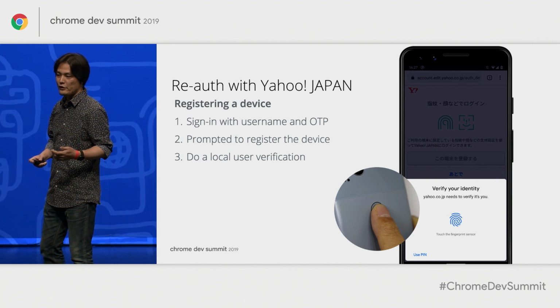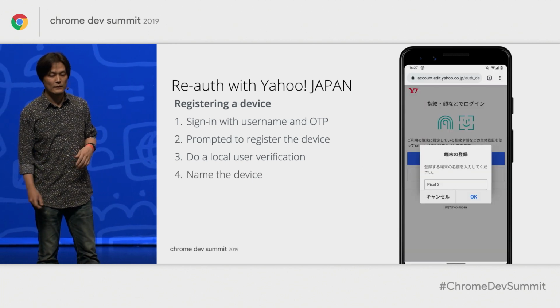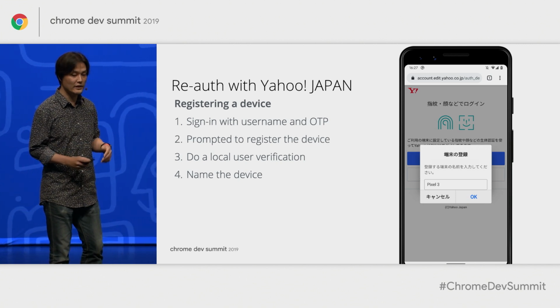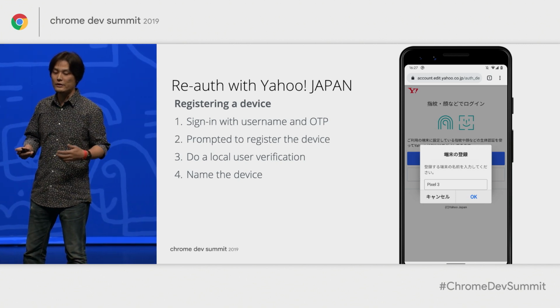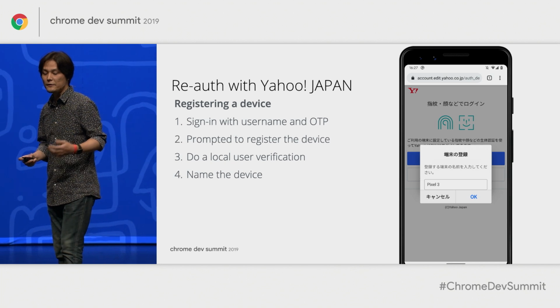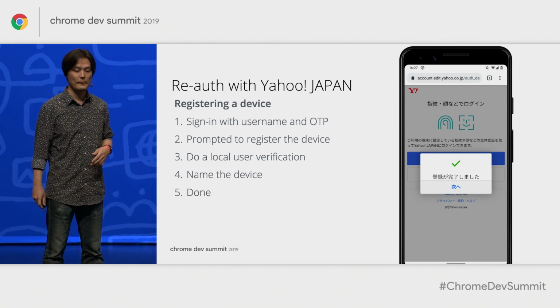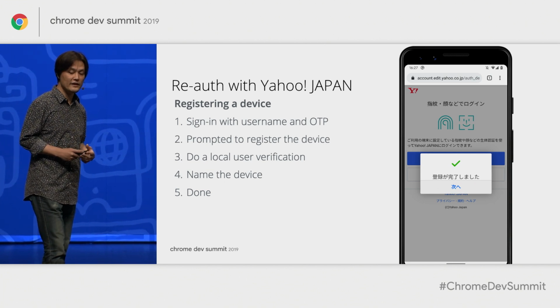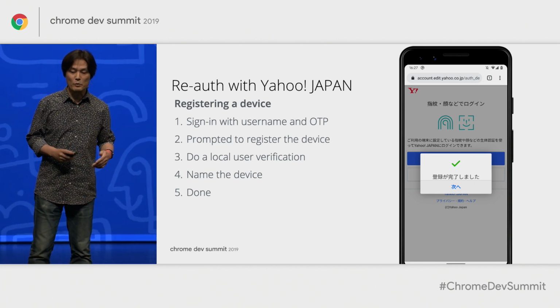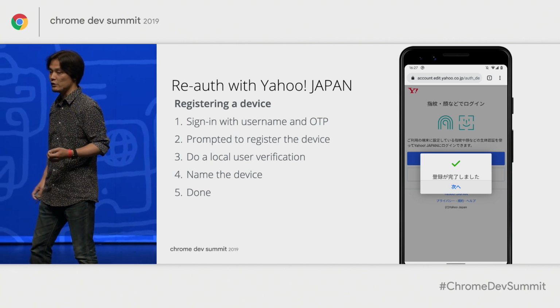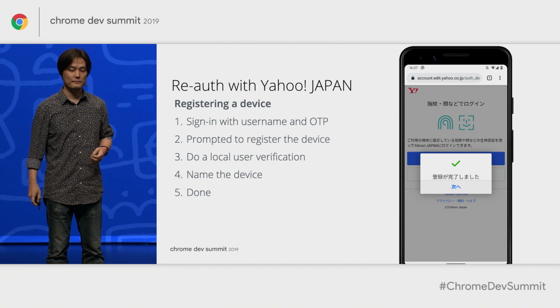Again, perform local user verification. Just like we did for the two-factor authentication with GitHub, the service asks you to name the device so that you can identify it if you need to remove it later on. And your device is registered. Moving forward, you can use this device to log in to Yahoo Japan using local user verification.